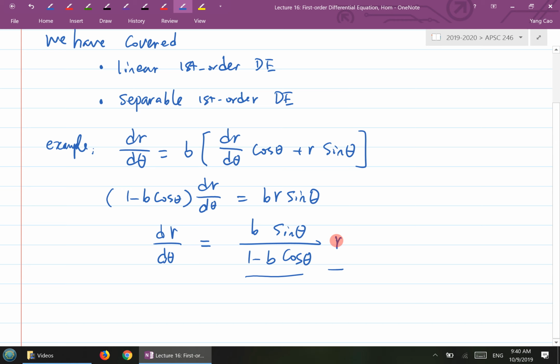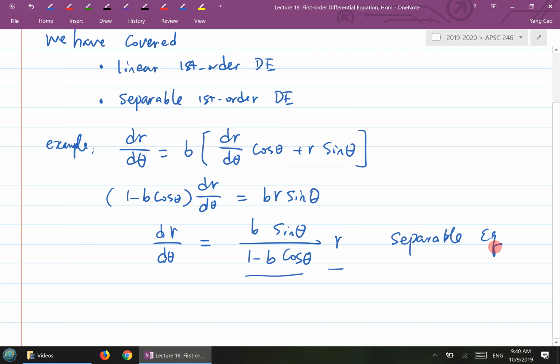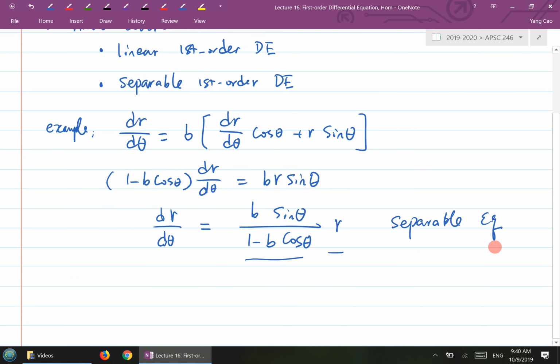So you can use the separable equation technique. Basically, move the r over here, move the theta over there, then you integrate and you get the result.